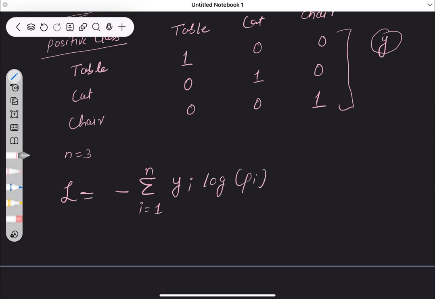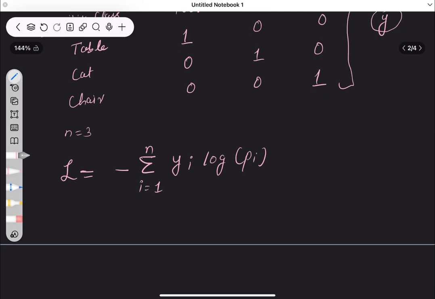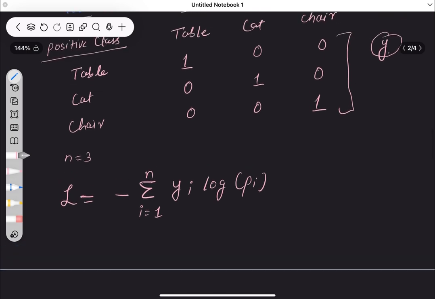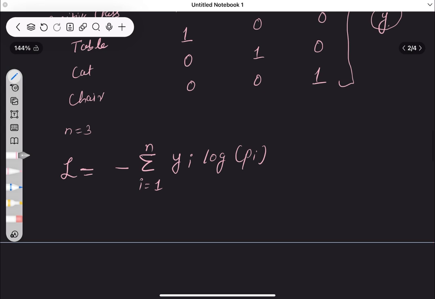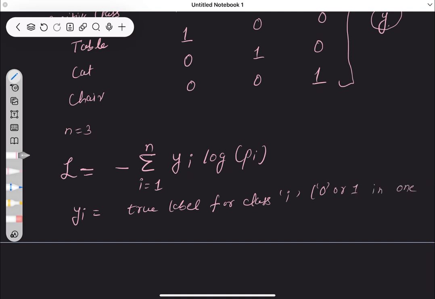So what is yi? yi is the true label for class i, that is 0 or 1 in one hot encoding, which I already depicted over here.